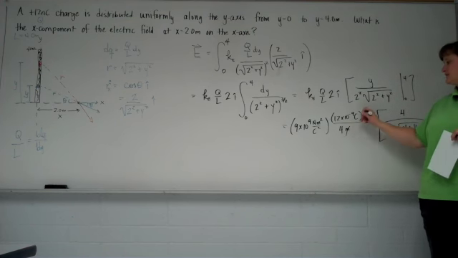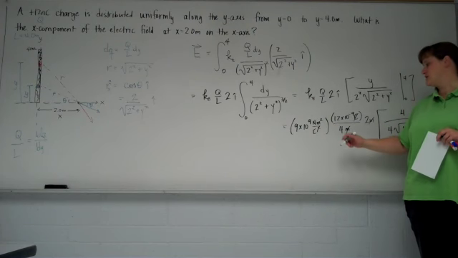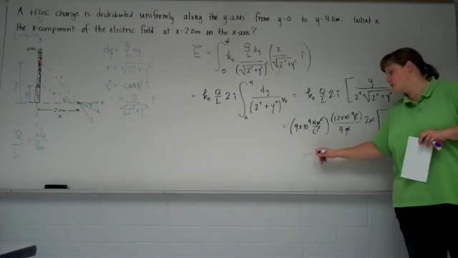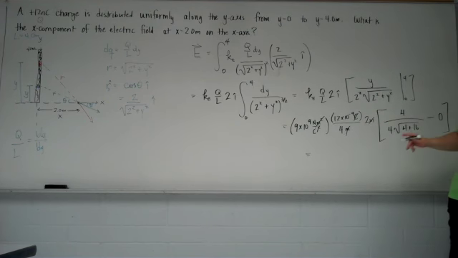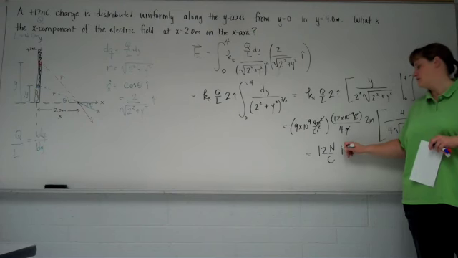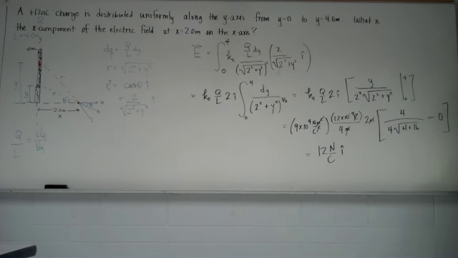These meters cancel. That coulomb cancels with one of those. These meters squared cancel out with the meters squared that are in here. These y's and x's were all meters. So plugging in and chugging these numbers through, we get 12 newtons per coulomb. And it's the i-hat direction.